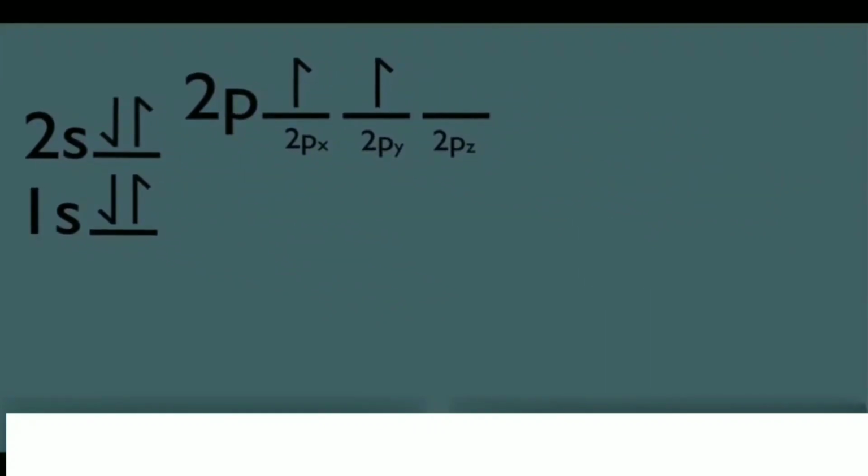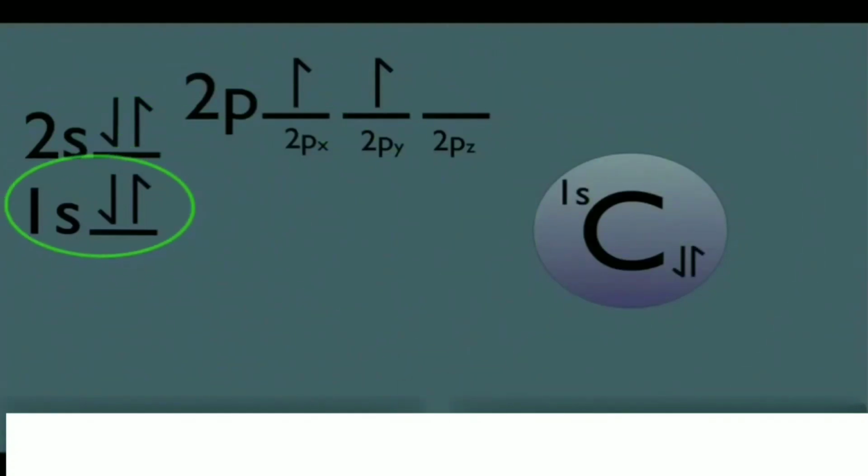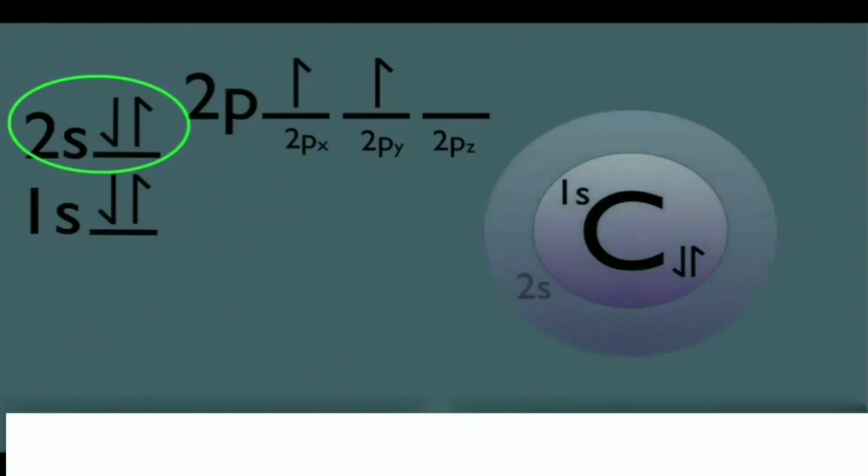We should be able to think of the electrons in orbitals around the nucleus of carbon. How would they be occupied? Carbon has a 1s spherical orbital that has 2 electrons in it, like here. We also have 2 electrons in the 2s orbital, which would be filled after the 1s orbital.